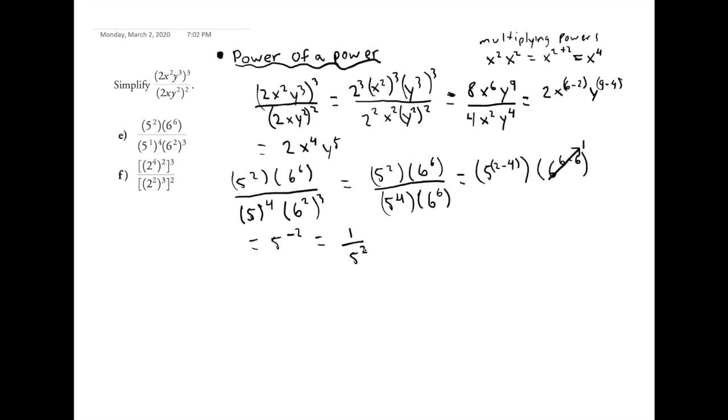So now it's going to be a positive. So 5 to the power of negative 2 is equivalent to 1 over 5 to the power of 2. So you're basically just flipping the number, and this becomes positive. So that's the end result for number 2. Obviously that's number 1. Those are the end results there.